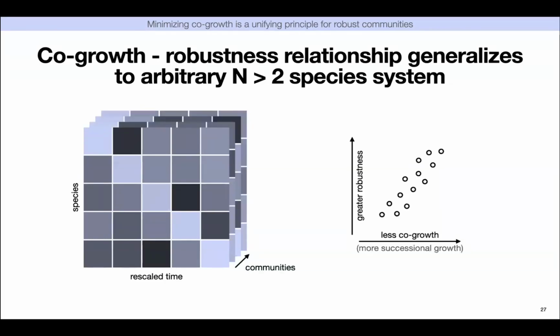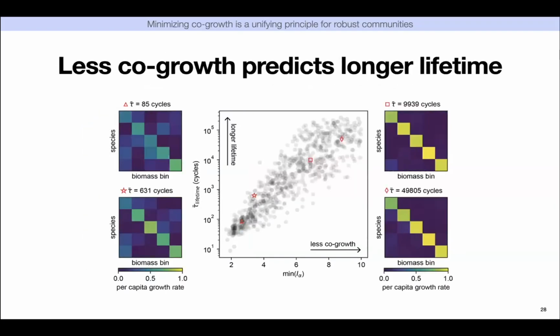Once again, I build an ensemble of many communities. Each of these matrices signifies a community that has full coexistence of all five species, and I ask what then is the robustness or the community lifetime for those communities under fluctuations. And we again see this strong relationship where less co-growth on the x-axis corresponds to longer lifetimes.